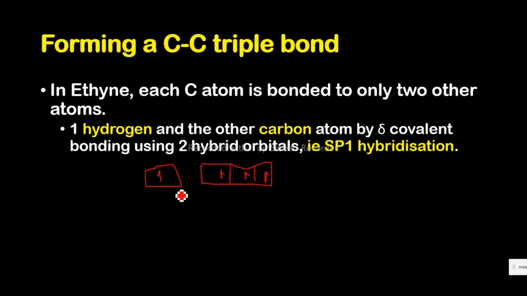Now, after you have promoted, one s orbital is going to hybridize with one p orbital, leaving two unhybridized atomic orbitals.